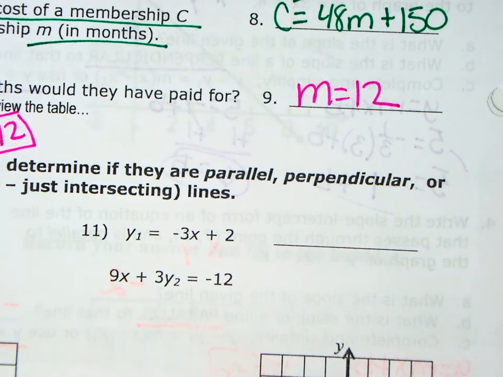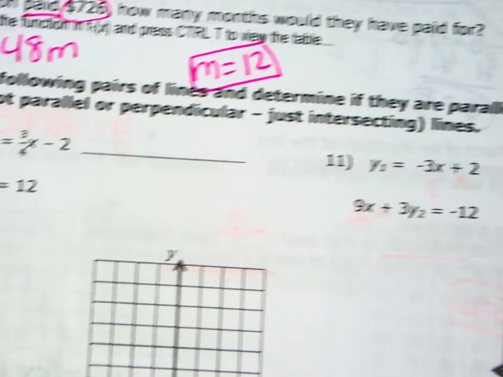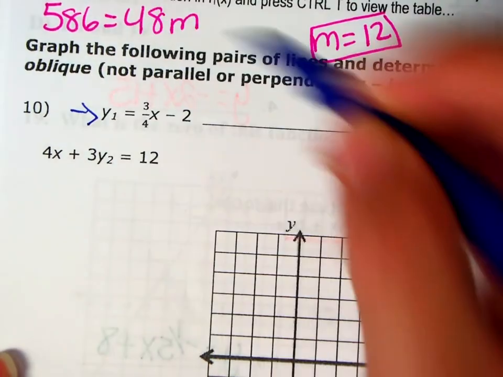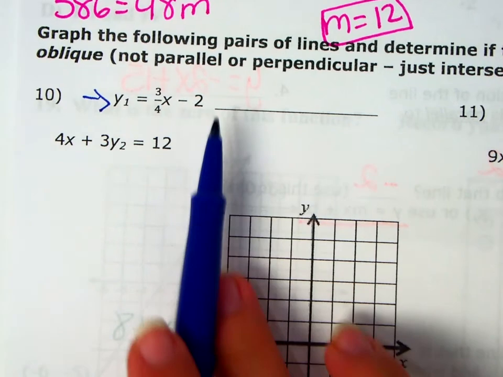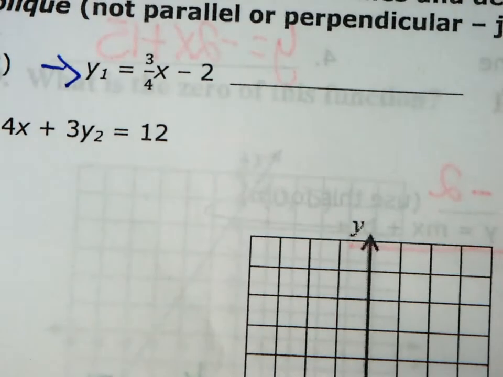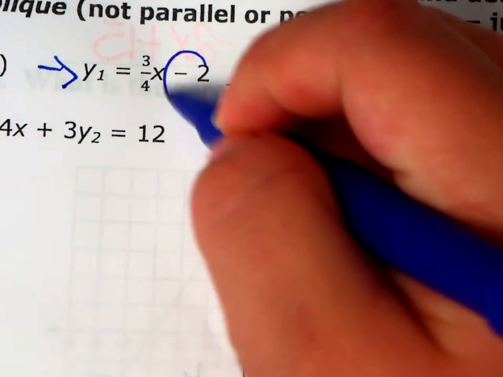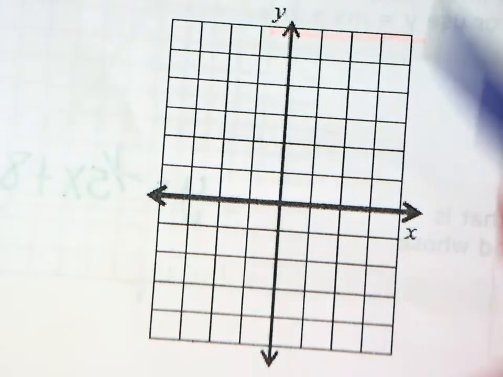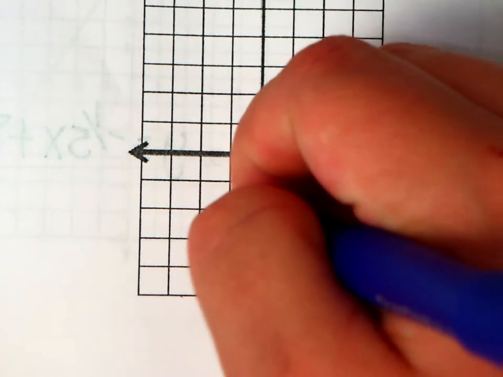Number 10, they want us to graph both lines. So let's start by graphing this one. When we graph, do we start with the slope or the y-intercept? Always start with the y-intercept. What is our y-intercept? Good. So find -2, put a dot there.